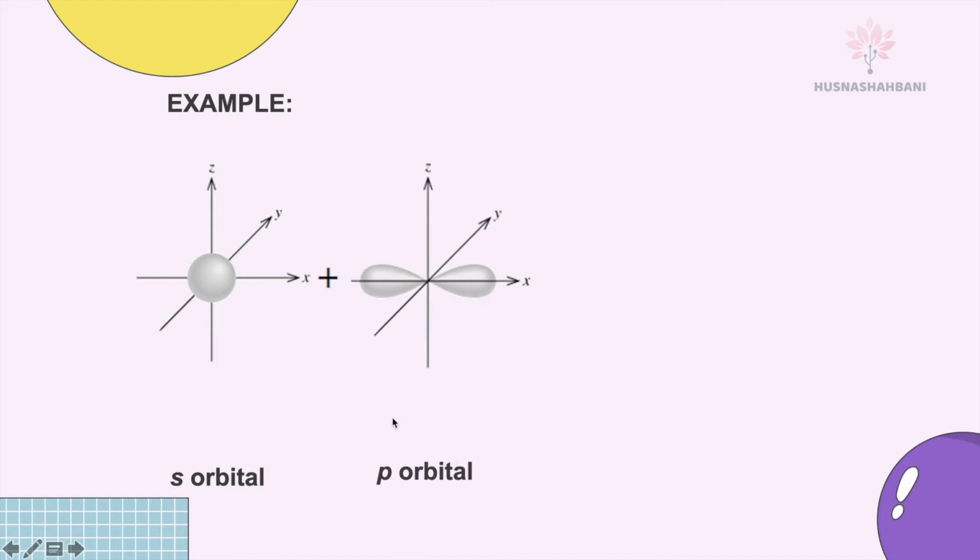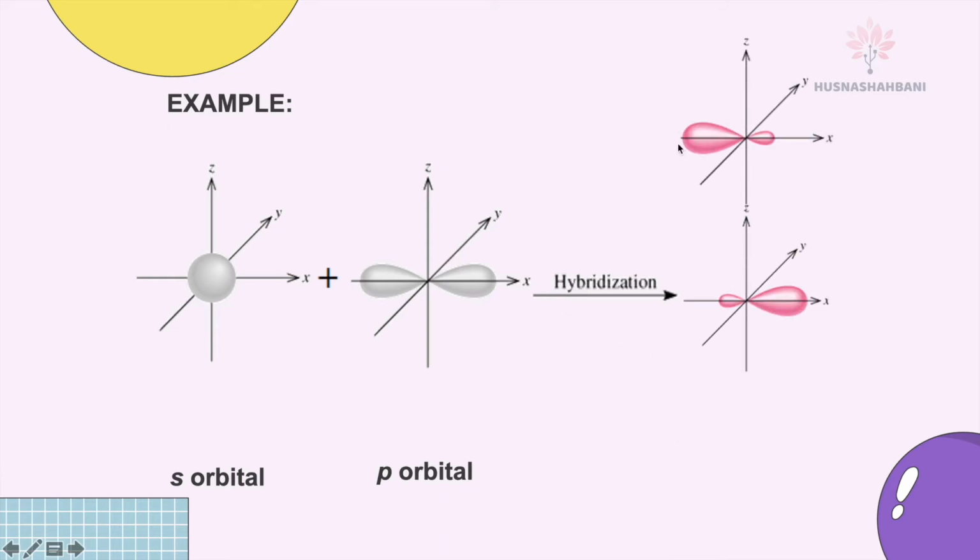For example, an s orbital mixed with a p orbital. This is the sphere shape of s, mixed with the dumbbell shape of p. Do the hybridization and it will form a shape like this. This shape is formed when you mix s orbital and p orbital.